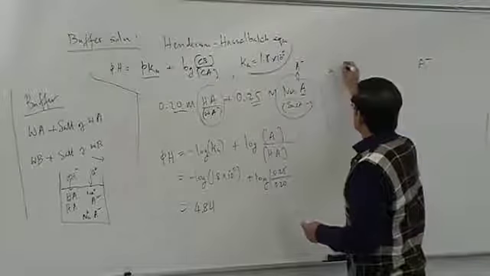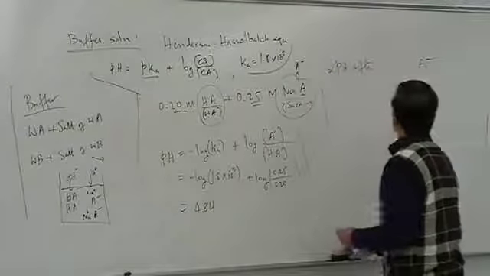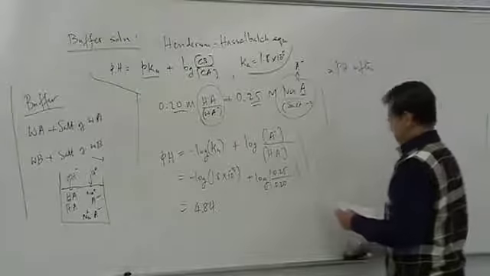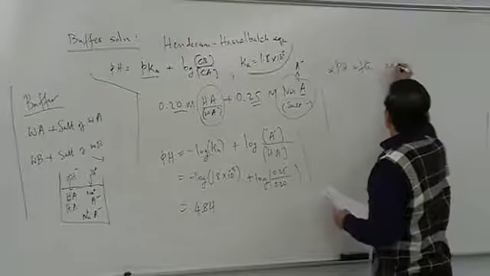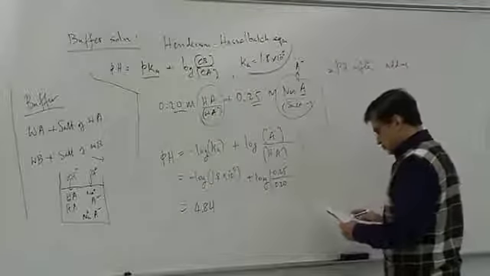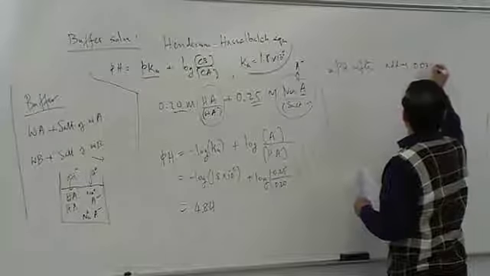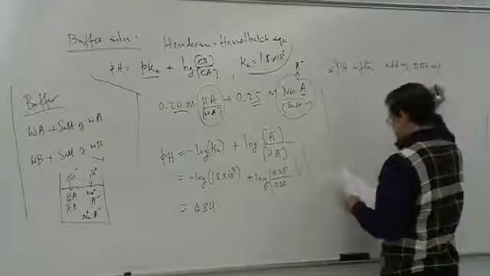Let me write down: pH after adding 0.03 moles HCl.